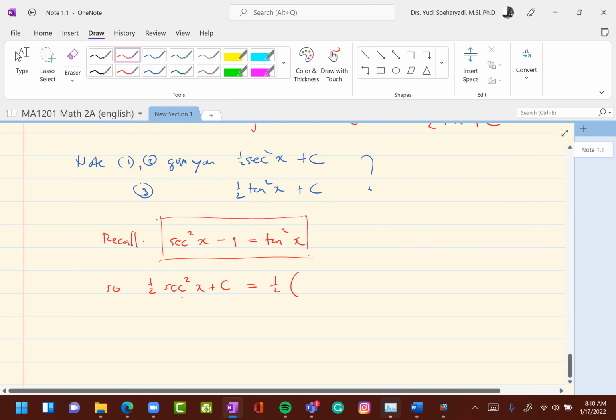So this gives you 1/2 tangent square plus 1/2 plus c. See here, that's the key. Those two use the same c, but actually those c's are different.